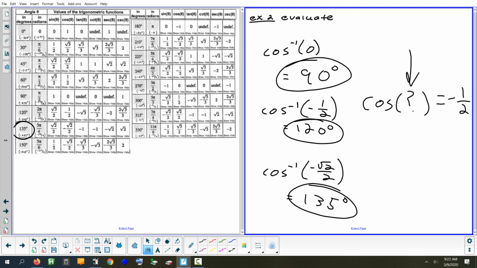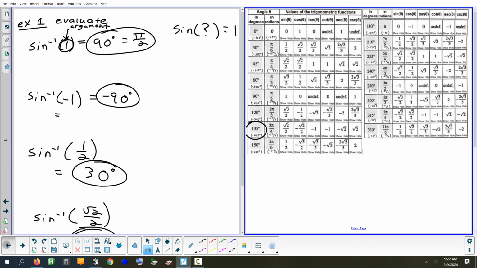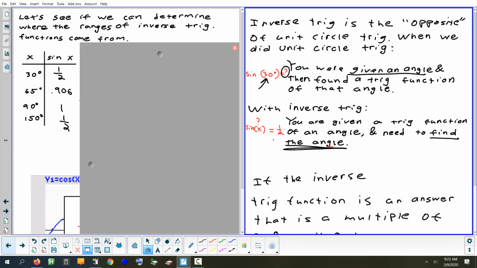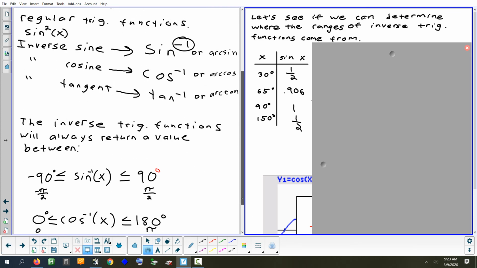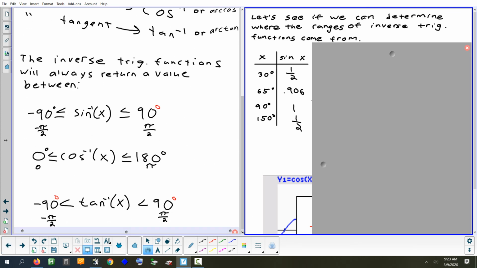All right, so the last one we're going to look at is inverse tangent. What are we supposed to be between for inverse tangent? So is that the same as inverse sine? Let's go back. Take a look at it. So look carefully at inverse sine and inverse tangent.